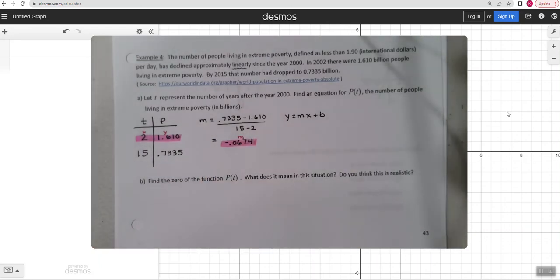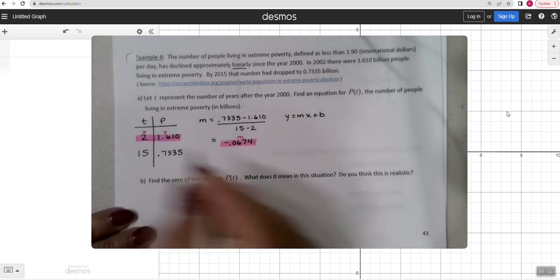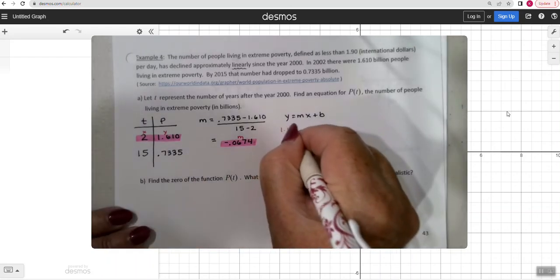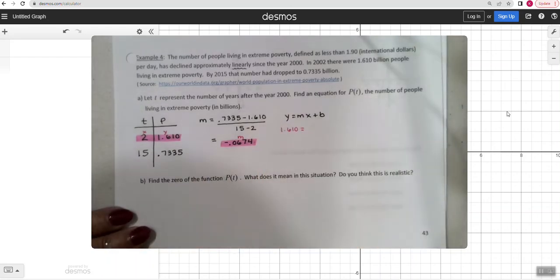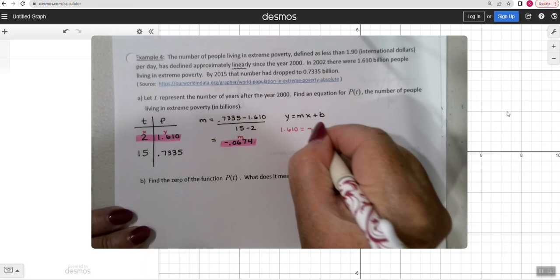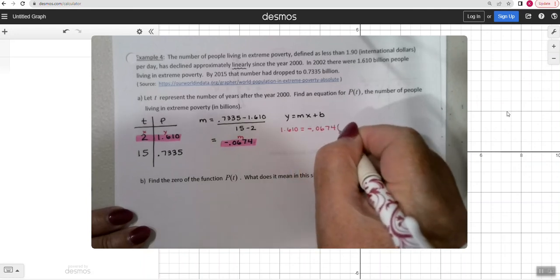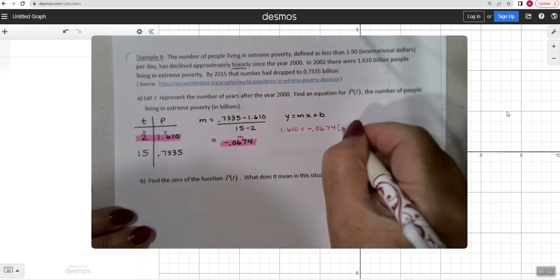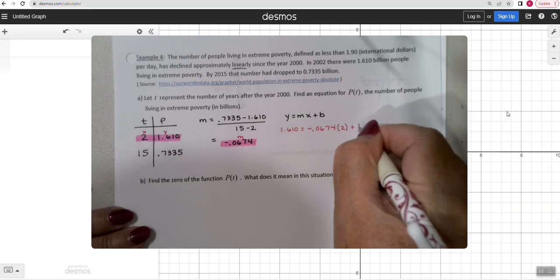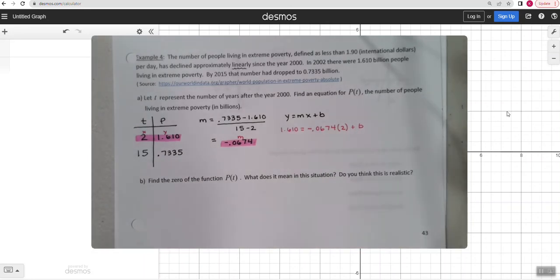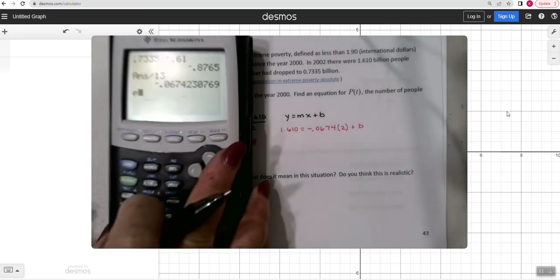So my equation becomes y, 1.610, equals m, negative 0.0674, times the x, 2, plus b. All right, a bit more arithmetic to do here.